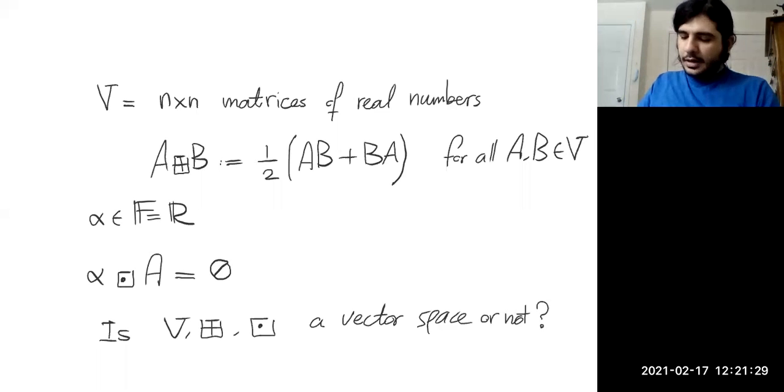Okay, let me write down the answer. Obviously, one of the problems with this scalar multiplication is it doesn't have the identity for multiplication.